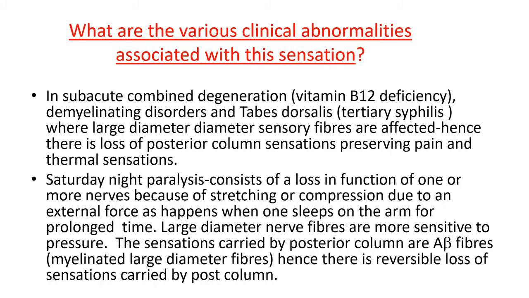Small diameter fibers are sensitive to local anesthetics. So the sensations carried by the large diameter fibers are lost. The posterior column sensations are carried through the large diameter A beta fibers, which are myelinated, hence there is a reversible loss of sensations carried by the posterior column. Vibration, touch and pressure are lost, and even proprioception; he is not able to make out the position properly. That is called Saturday night paralysis.